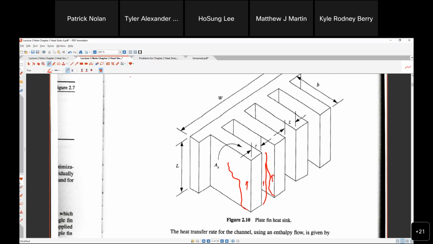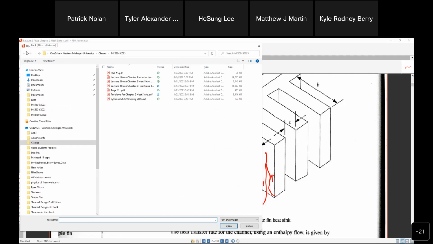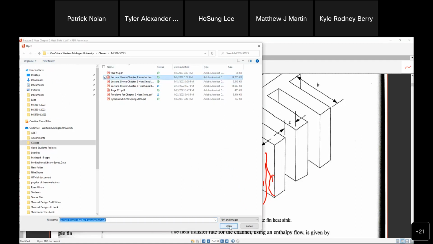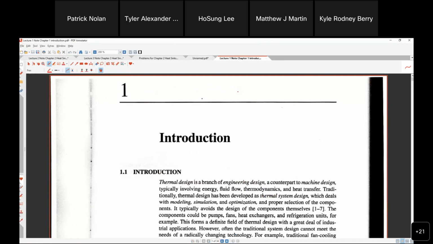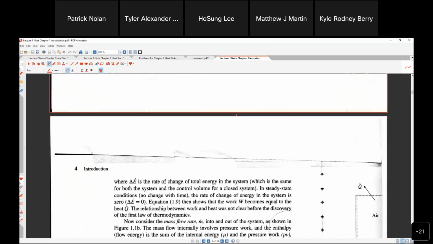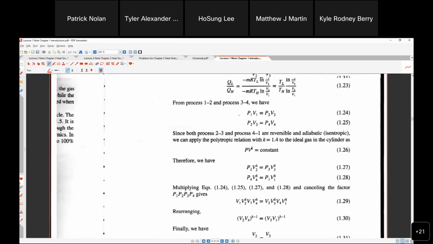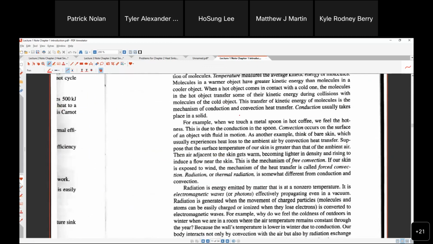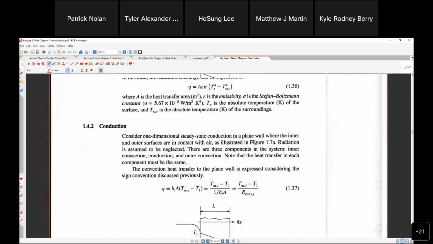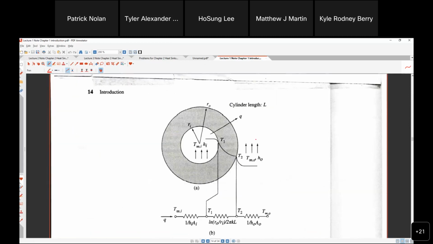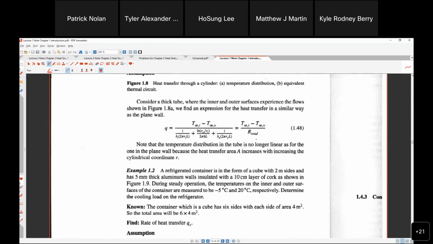So I think we have to go back. Do we have chapter 1? In chapter 1 of heat transfer, there is some talk about natural convection and the two vertical plates, not only one.